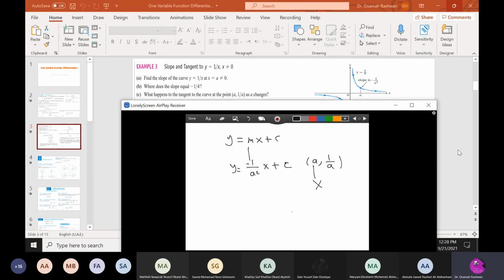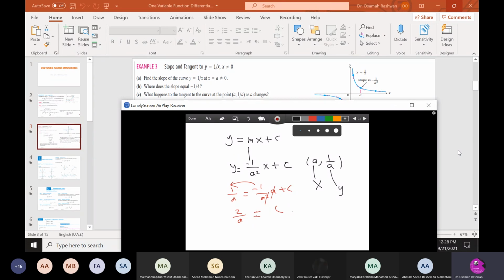So this is x and this is y. I put y here, 1 over a, equals minus 1 over a square times a, plus c. I can cancel this one with this one and move this one to the other side. So c will equal 2 over a, right?